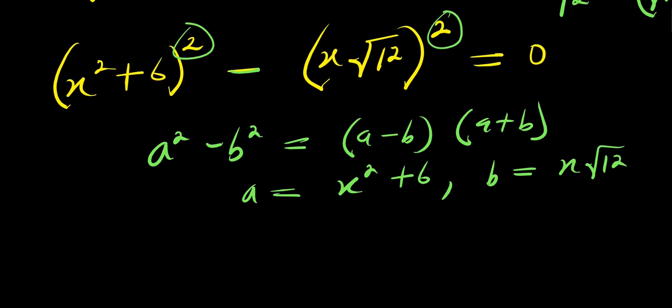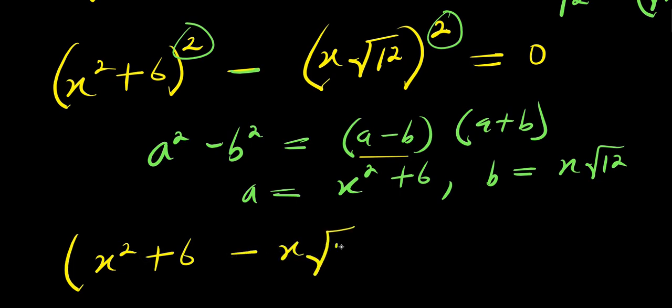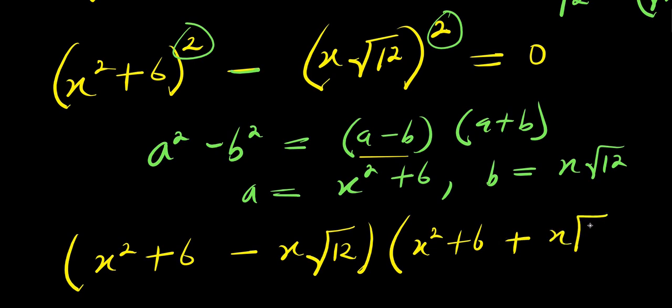So that means for a minus b, I'll have x squared plus 6, then minus x times root 12, times a plus b. We have x squared plus 6, then we have plus x times root 12, and this equals 0.